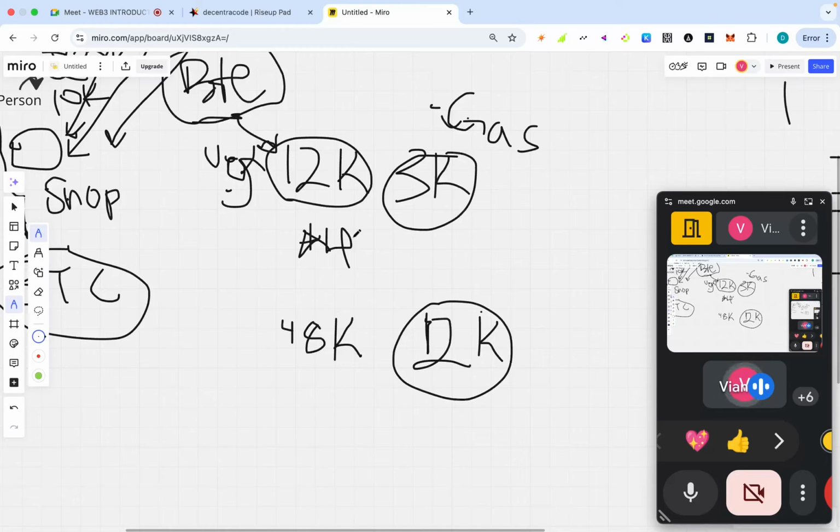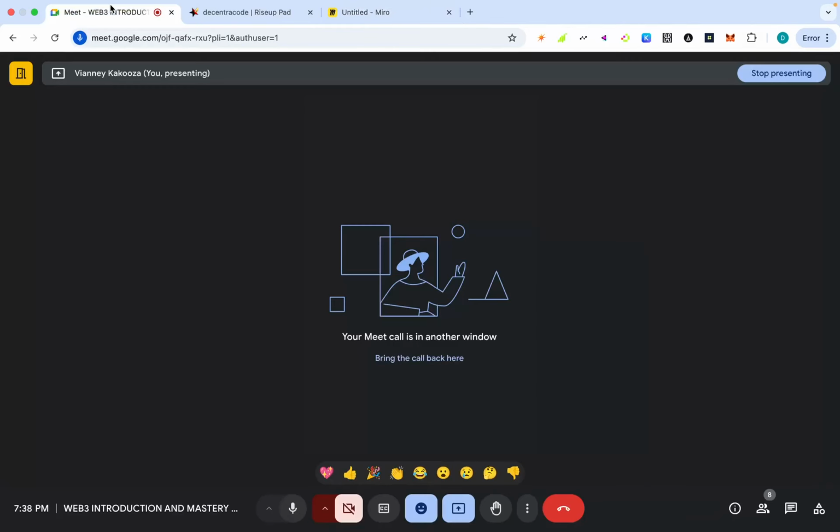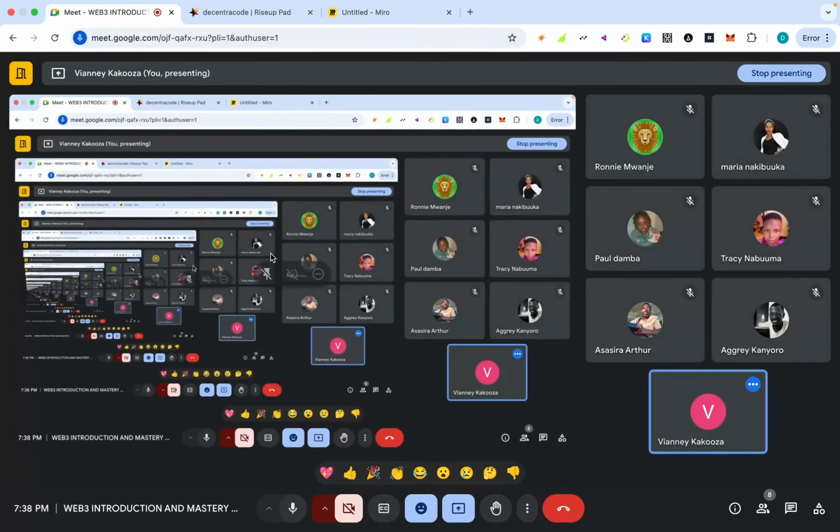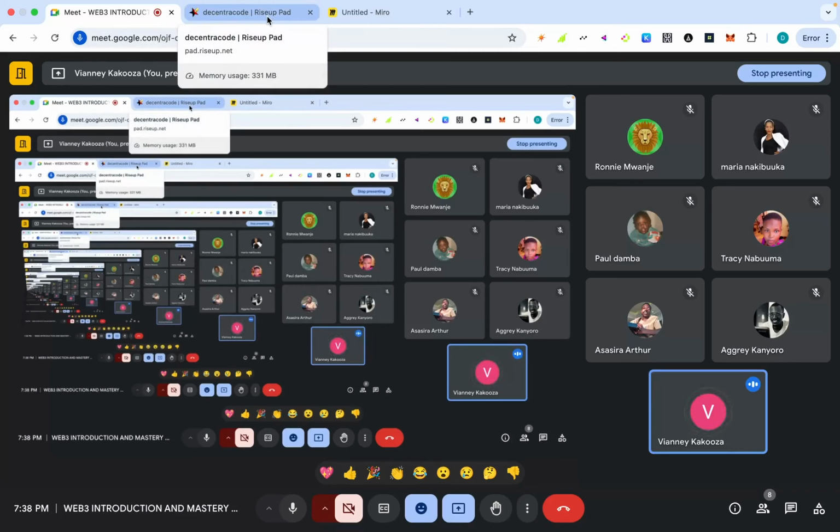How much money would it require for you to withdraw 20,000? Okay, let's say 50,000. I'm just bringing up an example that will help us understand why gas fees will actually be lower for you as a user. How much money would it require for you to withdraw 50,000?